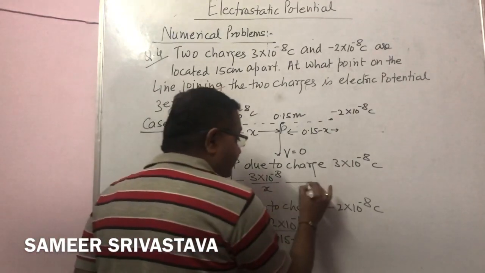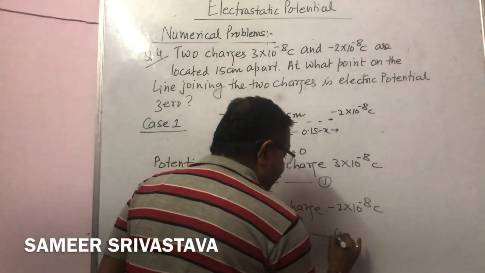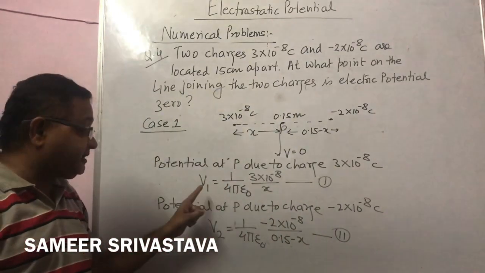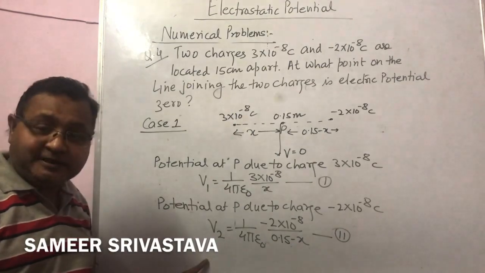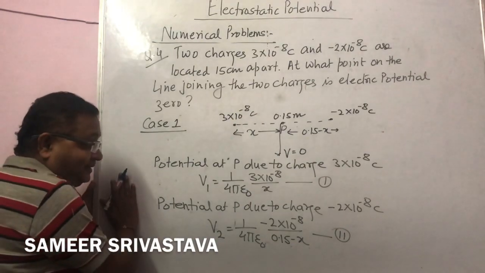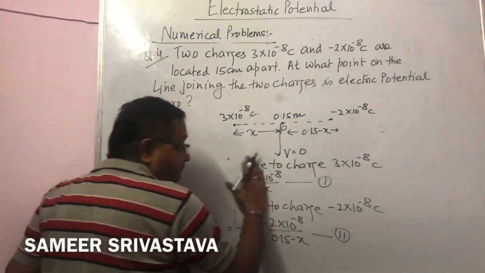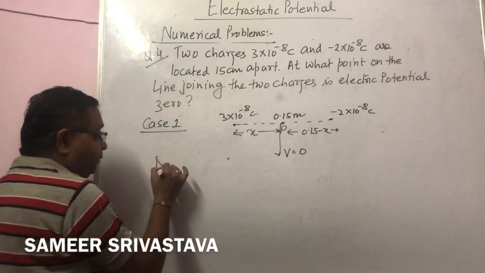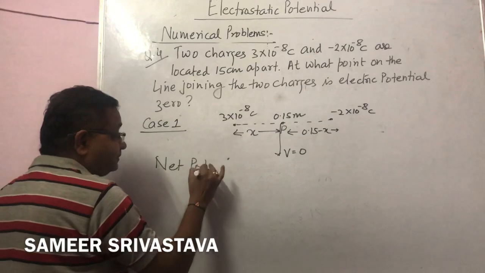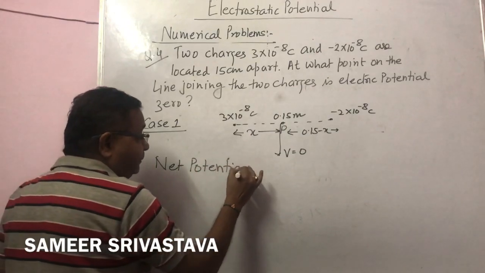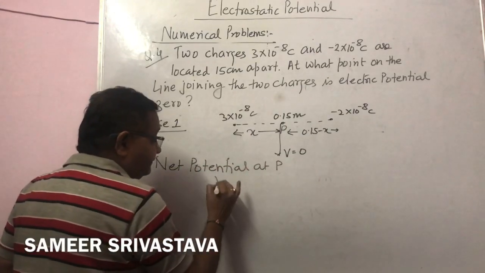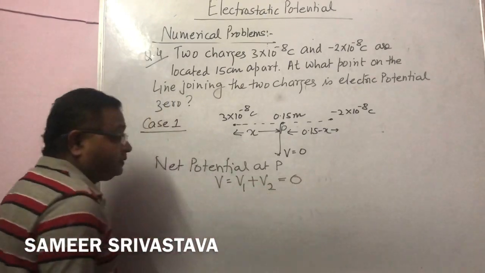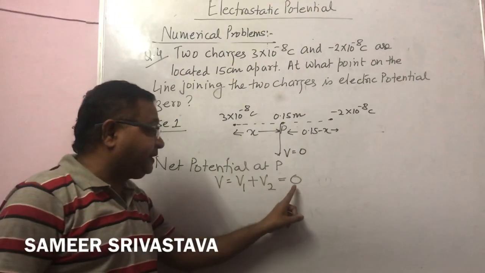Now here we have got two equations, equation 1 and equation 2. The net potential is the summation of these two potentials. Net potential at P, V is equal to V1 plus V2, and the value of V at point P becomes 0.